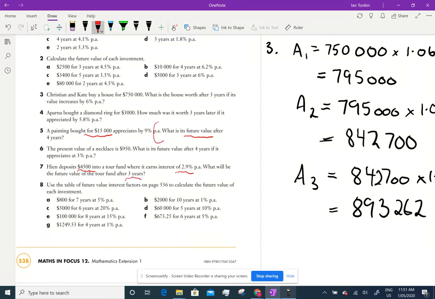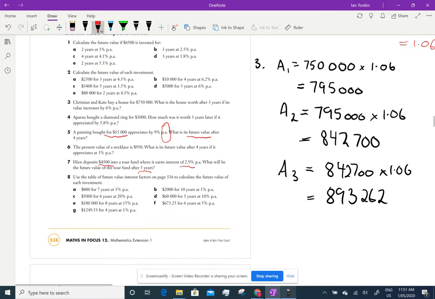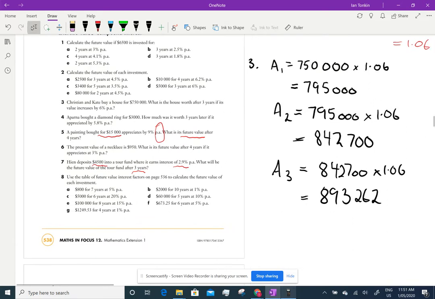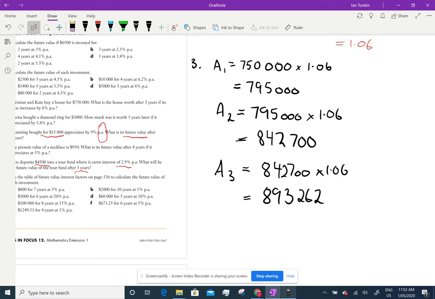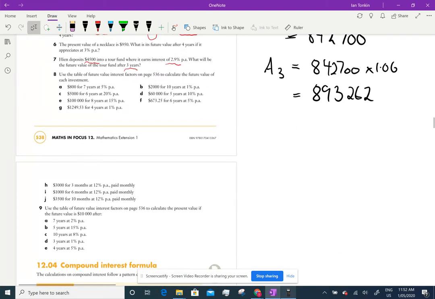By the way, PA means per annum, every year. That's going to become important later on. So questions 3, 5 and 7, just like this. Now I know you already know the compound interest formula. If you can just do them like this, just for now.